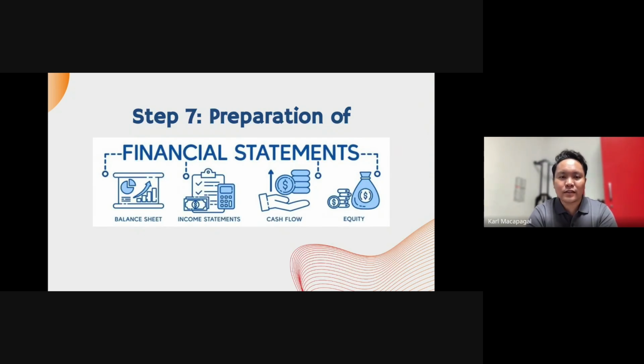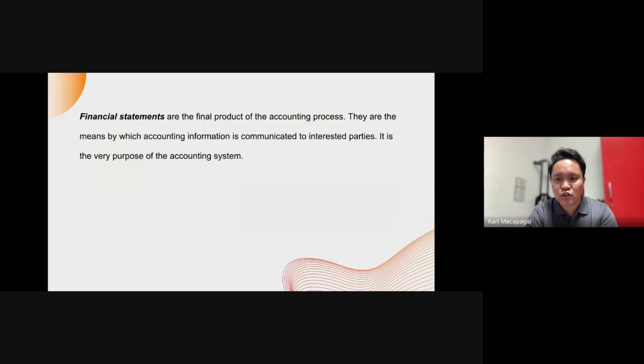Take note that the other term of the income statement is the statement of financial performance, while balance sheet's other term is a statement of financial position. Okay, take note of those other terms because it could be interchangeable.